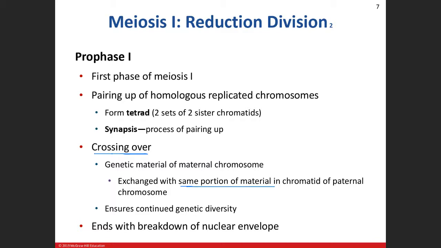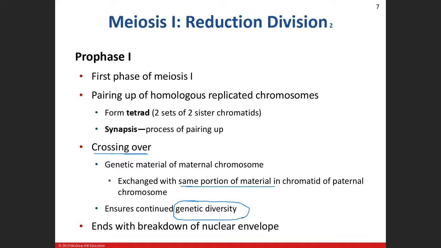All that will get exchanged, and it's random. It's not the same thing every time. It just randomly does this. It's part of nature, okay? But the important thing is, crossing over is going to allow us to have diversity.